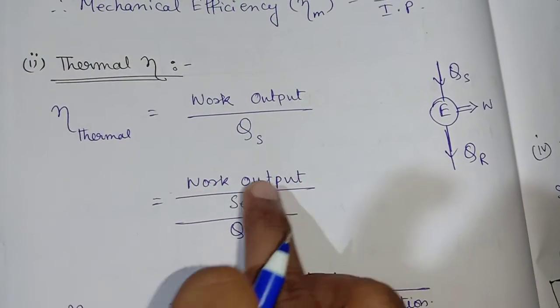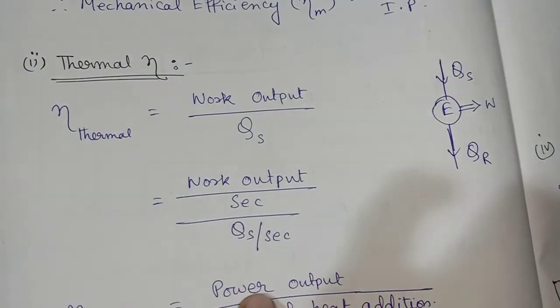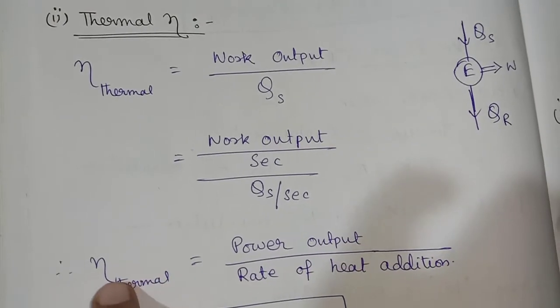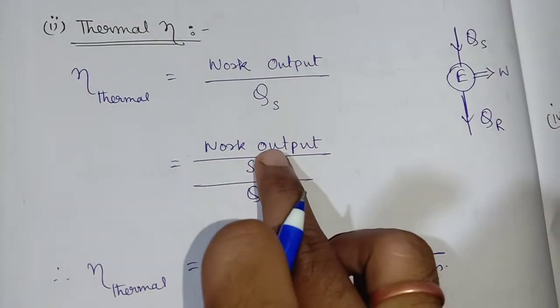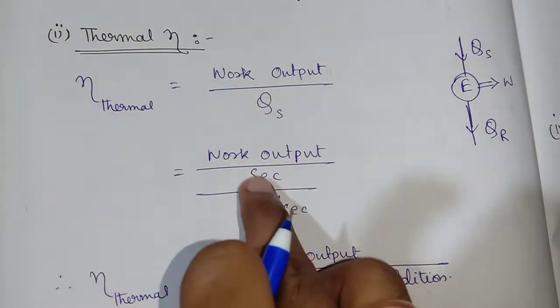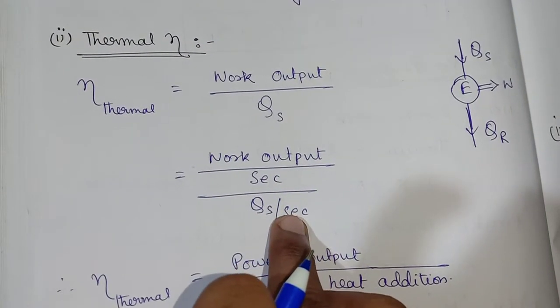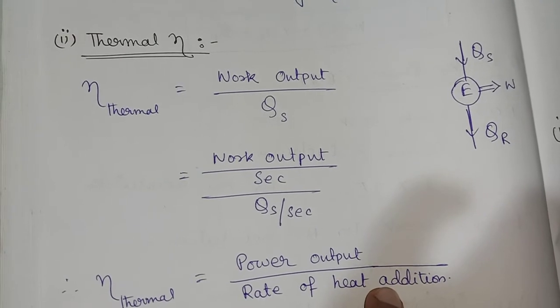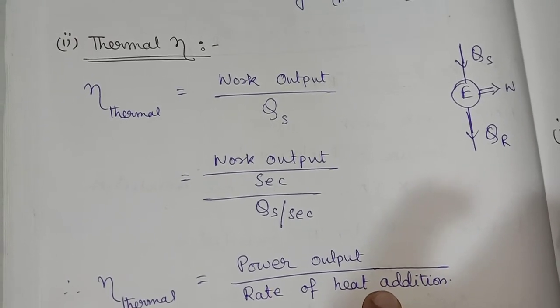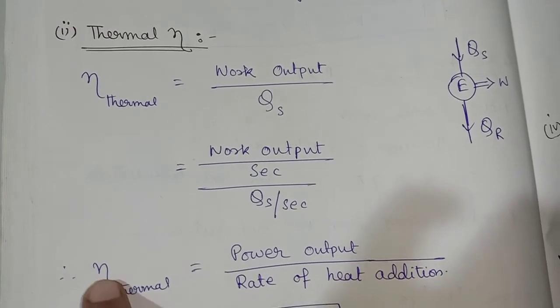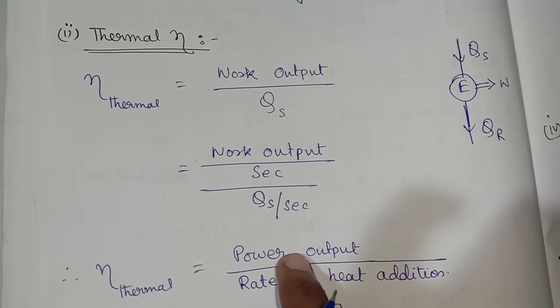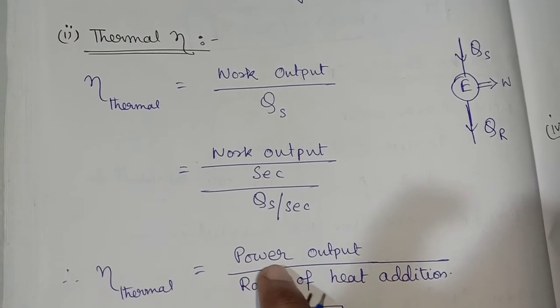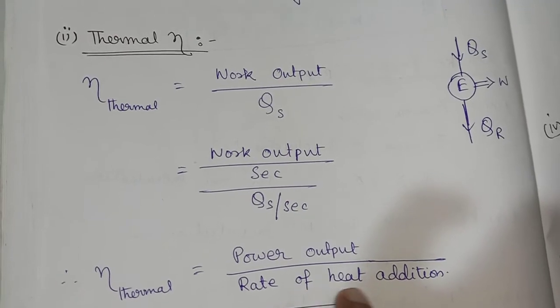Then thermal efficiency is equal to power output by QS per second, meaning rate of heat transfer, which is the rate of heat addition or heat supplied. So thermal efficiency is equal to power output by rate of heat addition.